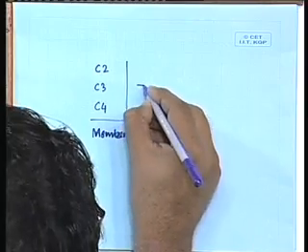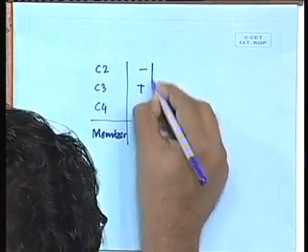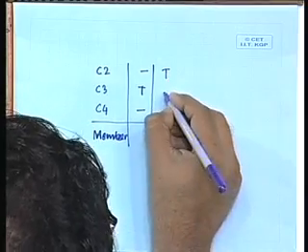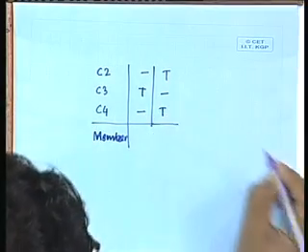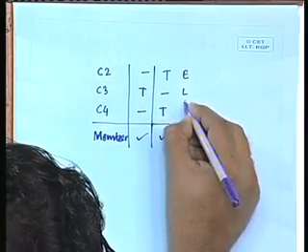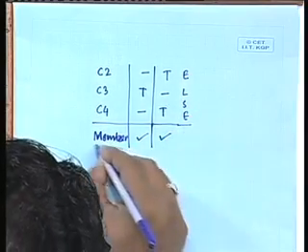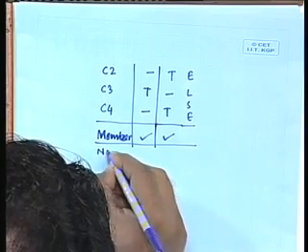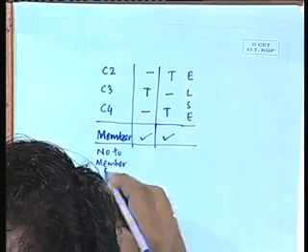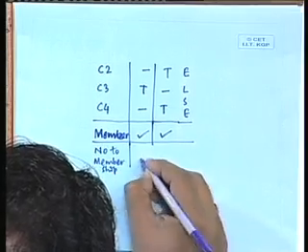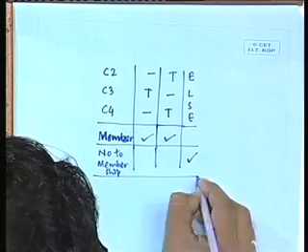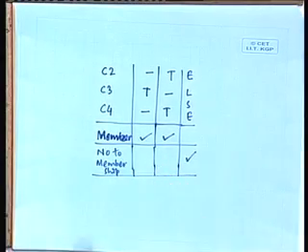C3 is true, don't care for the others, and C2, C4 is true, C3 don't care, true. Fine. So, this is the minimal form.